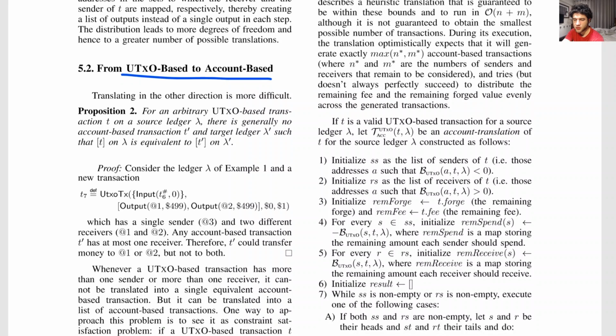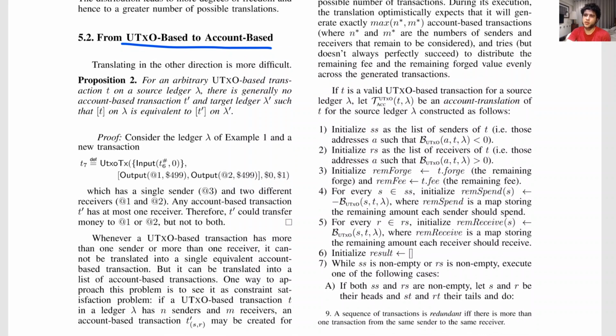The way we do this in this paper is a heuristic. So let's think about what you could do. Imagine you have some UTXO transaction that has a set of inputs and a set of outputs. One thing you could do is model this in the accounting-based model by sending an amount of money here in one transaction, then another amount here in another transaction, and so on for each account.